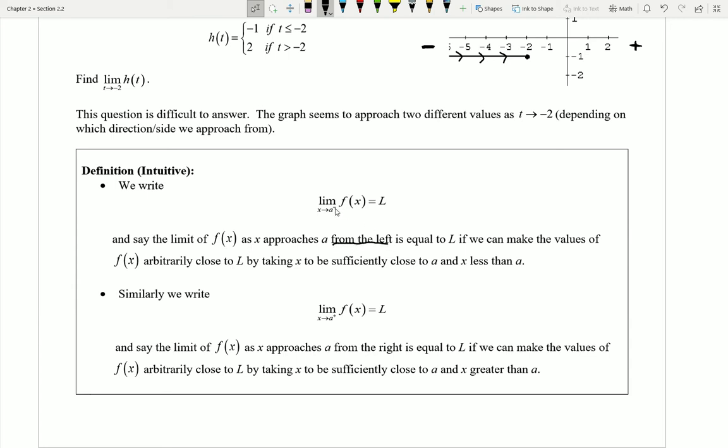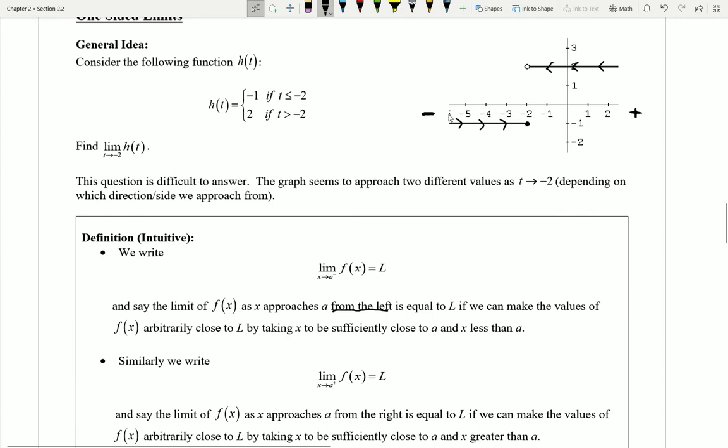Again, that's what the little subtraction sign there means. And that's equal to L as long as the y values here keep getting closer and closer and closer to L, some final value, every time we keep making our x value scooch closer and closer and closer to the value of, in this case, -2.